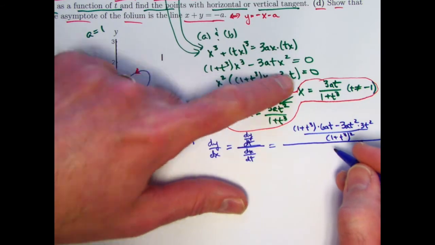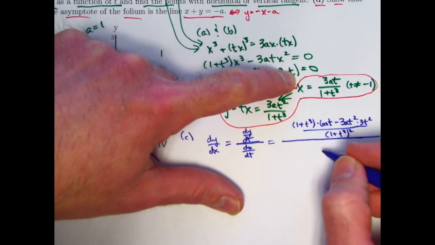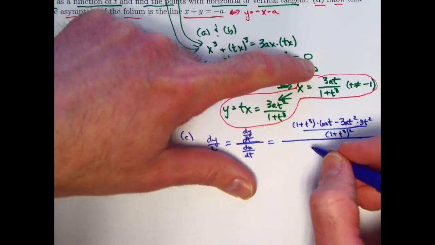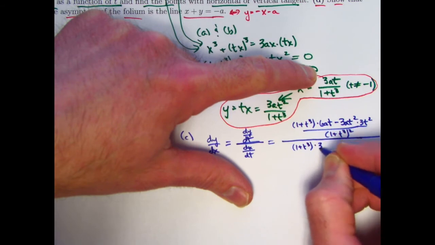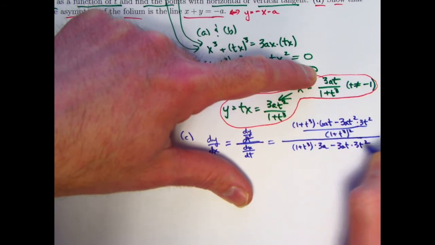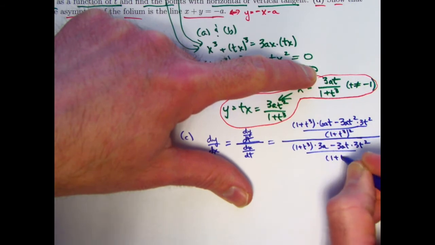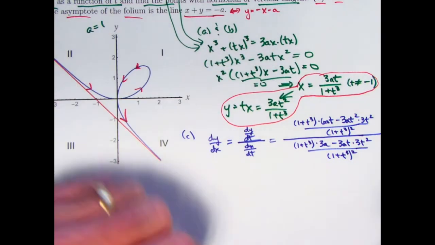Similar kind of thing for the derivative of x with respect to t, and ultimately the 1 plus t cubed quantity squareds will cancel. I'd have low d high minus high d low over the square of what's below. I'm just using the quotient rule there. Maybe you did not memorize it that way.